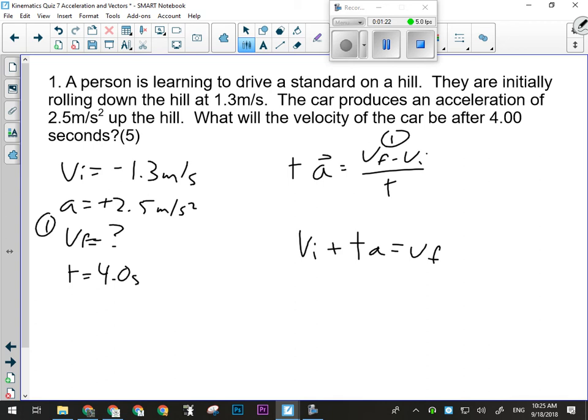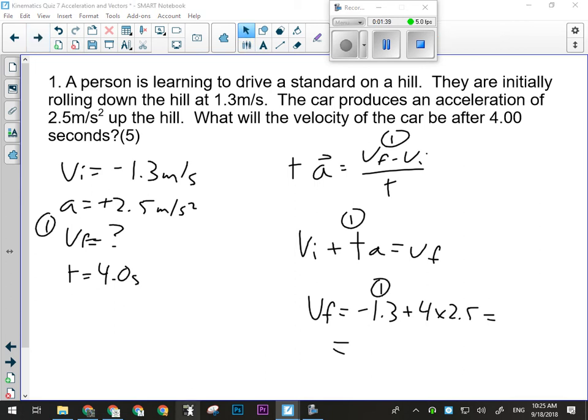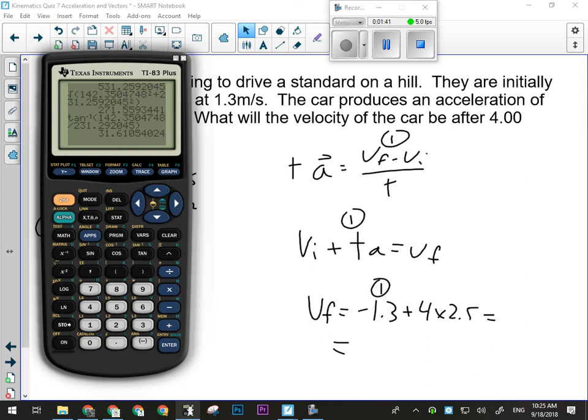What did I make this out of? 5. So give them a mark for that. And then with numbers plugged in, we're looking at negative 1.3 plus 4 seconds times 2.5. Give them a mark for that. And so we should end up with negative 1.3 plus 4 times 2.5, I can't believe I just typed that in.